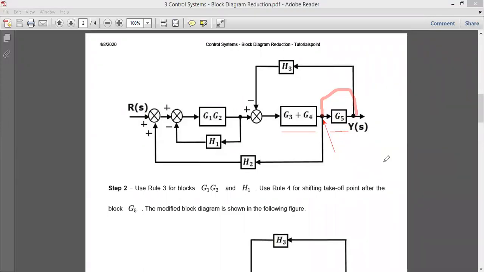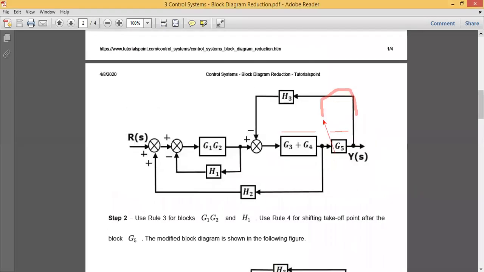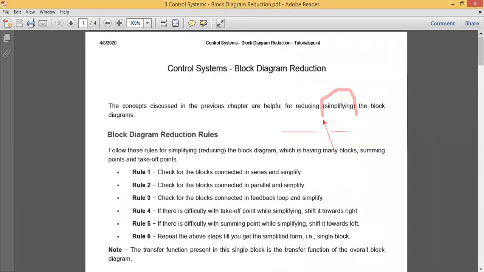What rule number 4 says is that if you are finding it difficult to simplify, I am not able to simplify these two blocks which are in series. It is becoming a bit difficult. So what should I do? I should shift my takeoff point from this point towards the left side. That is what the rule says.